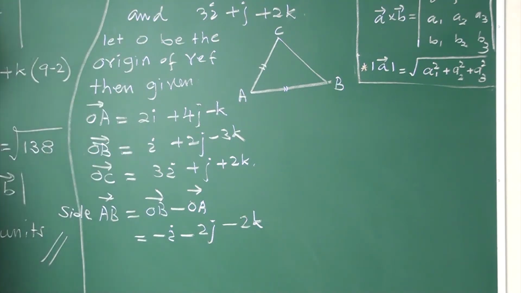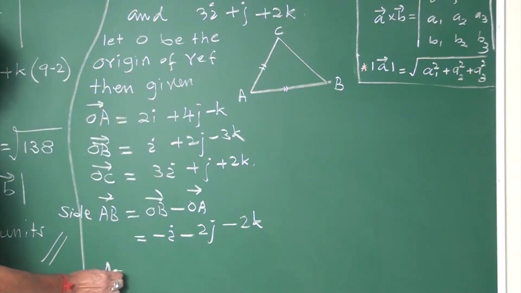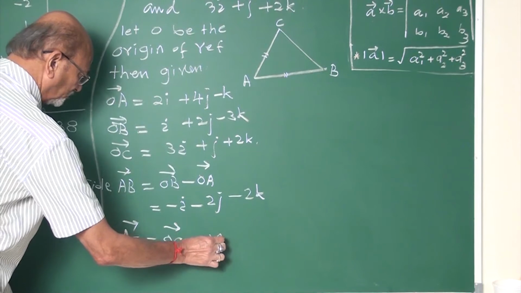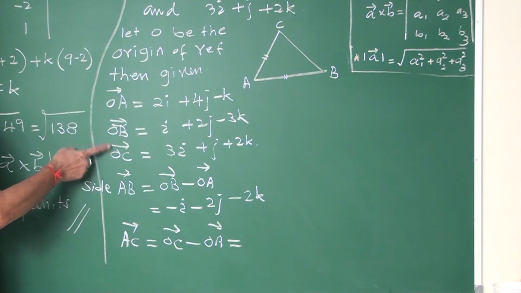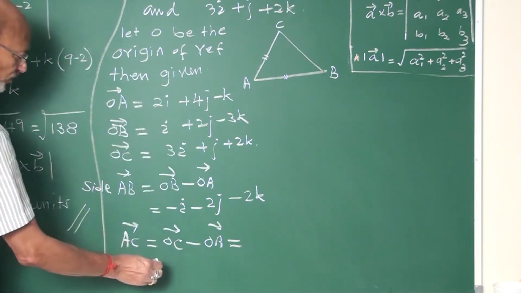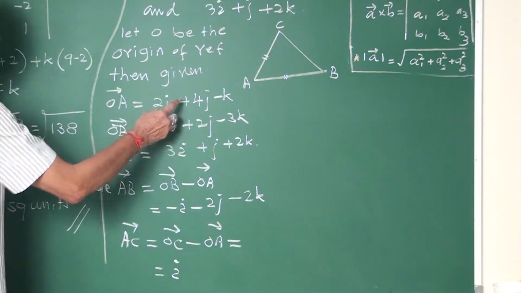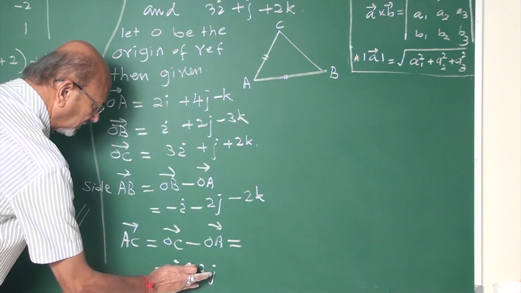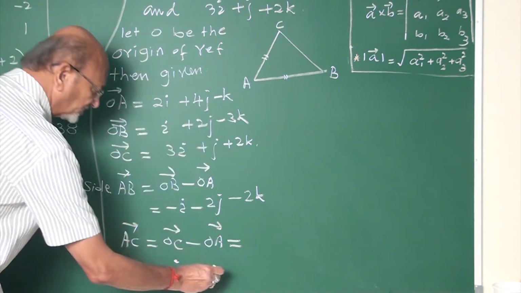Next is vector AC. This vector AC is vector OC minus OA, equal to 3i minus 2i, plus j minus 4j, next plus 2k, minus of minus is plus k.